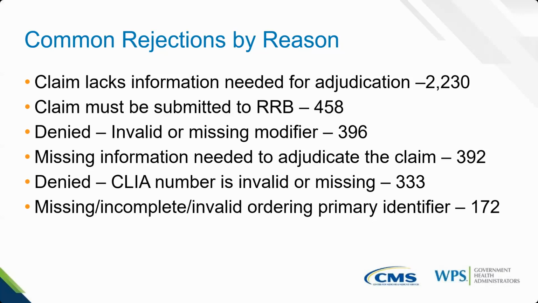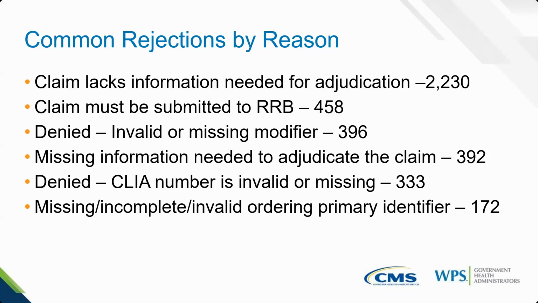So how can you avoid this one? Look at the beneficiary's Medicare card when they present for services. If the beneficiary is a railroad retiree and has Railroad Retirement Board benefits for Medicare, it will show that on the bottom front side of their Medicare card. There's actually a banner across the bottom that reads Railroad Retirement Board.